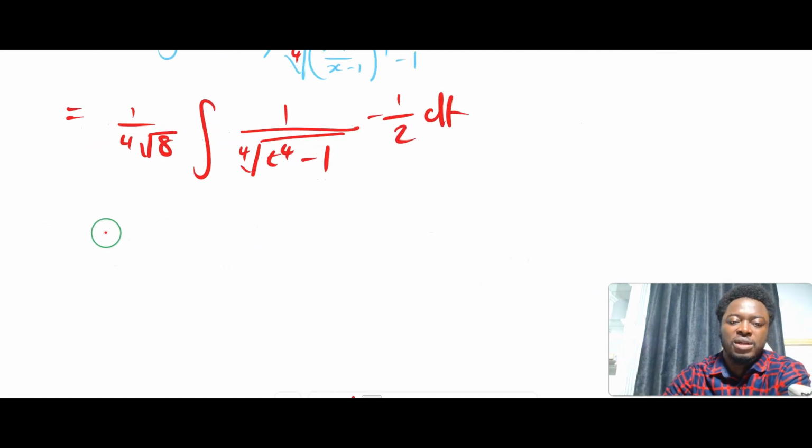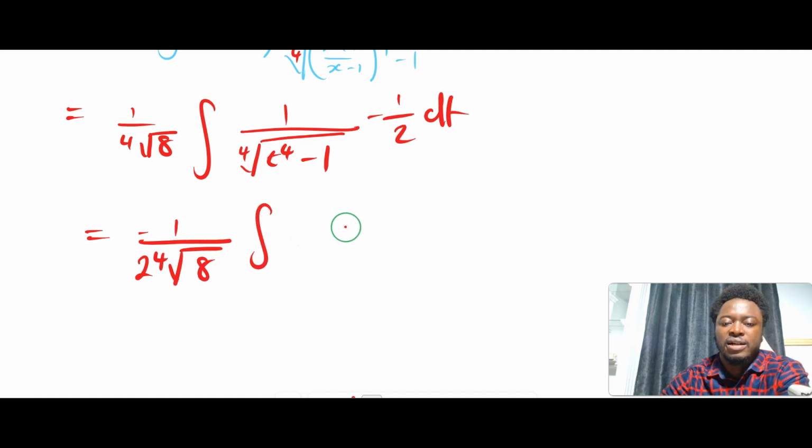So that equals negative 1 over twice the 4th root of 8 times the integral of dt over the 4th root of (t to the 4 minus 1).